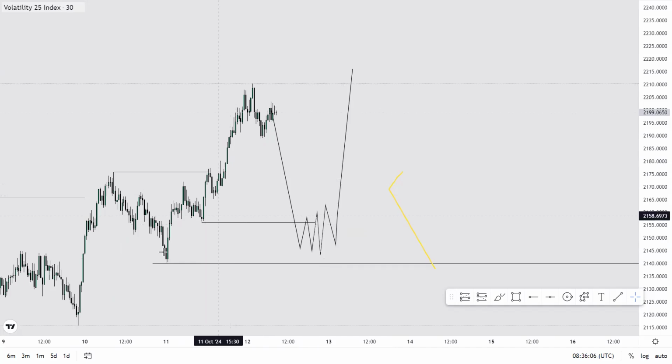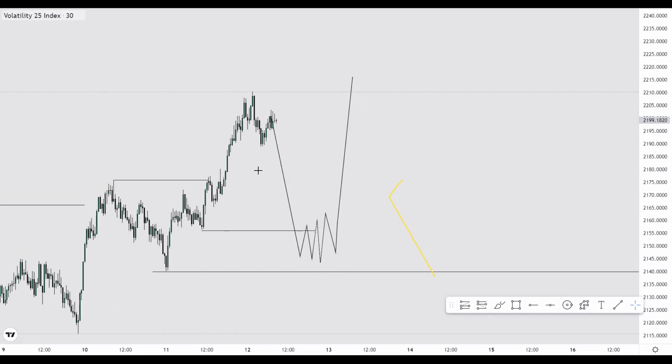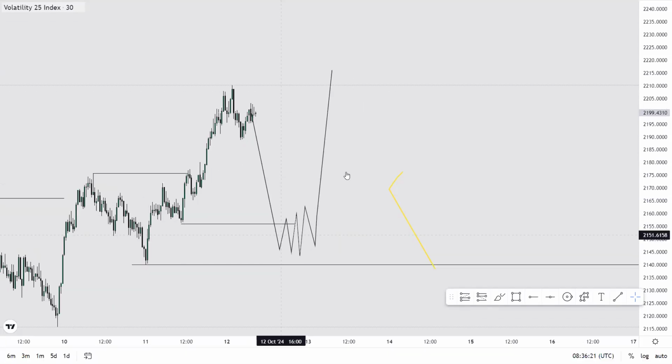But where the market is currently, this void area is our projected inducement, or projected liquidity, for the market to take. And once the market takes it, I'm just going to look for a continuation for my buy setup. And it is as simple as that.